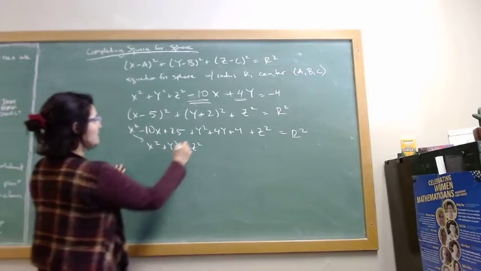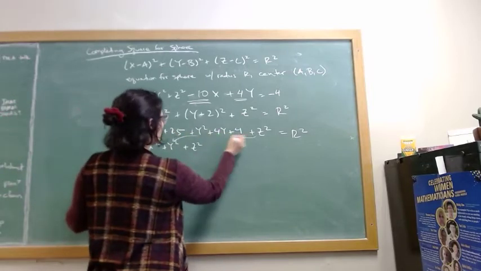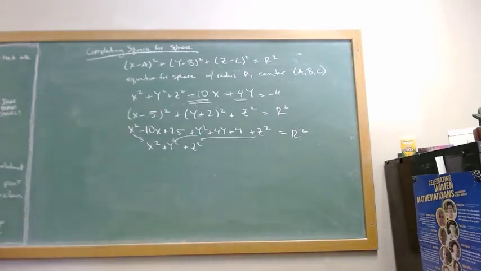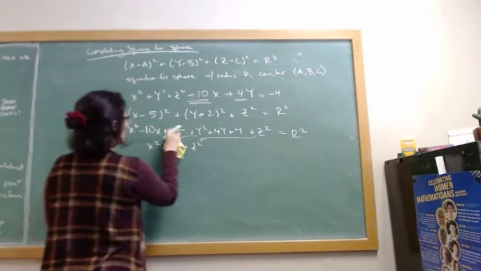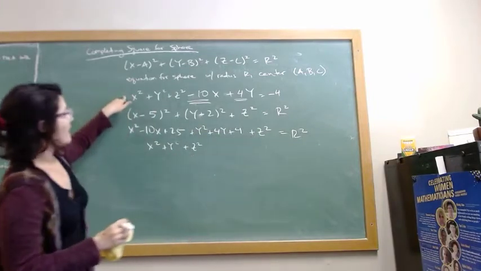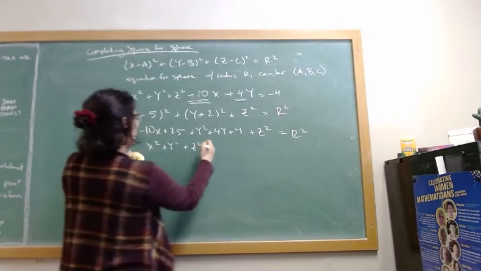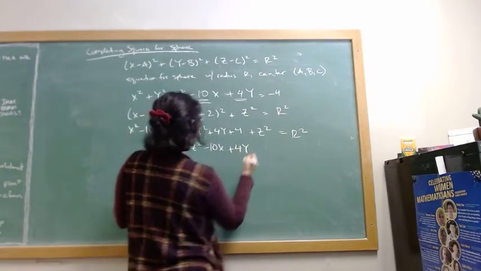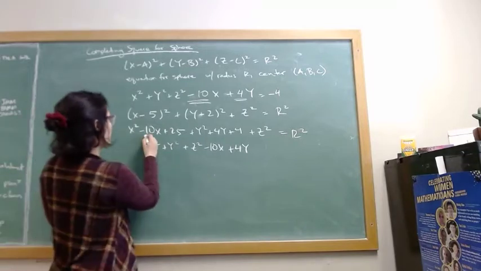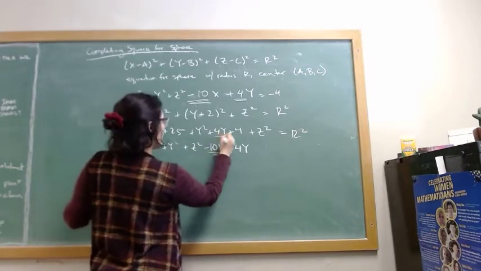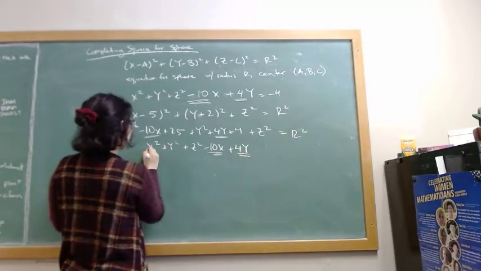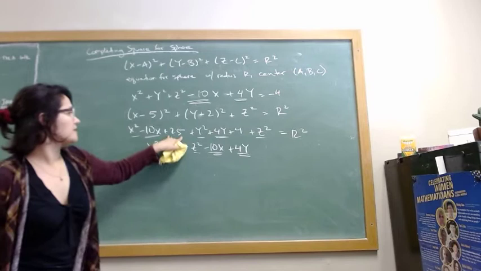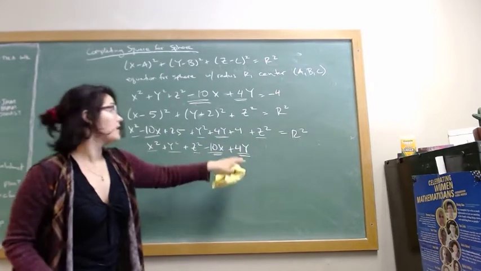There's my x, there's my y, there's my z. That's going to match the equation I started with. And then I've got my minus 10x and my plus 4y, from here and from here. What's left over is this plus 25 and plus 4.